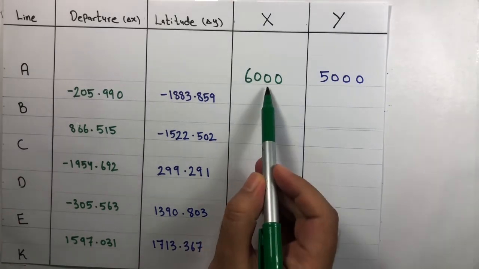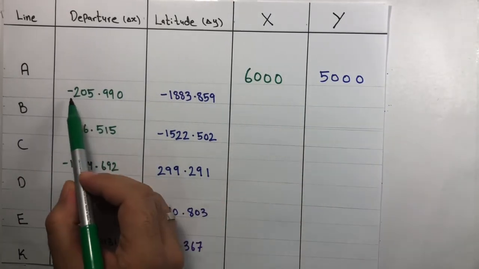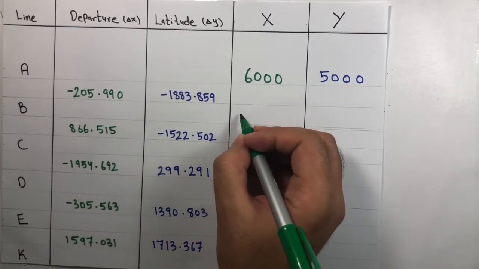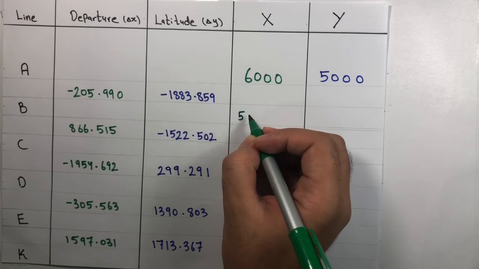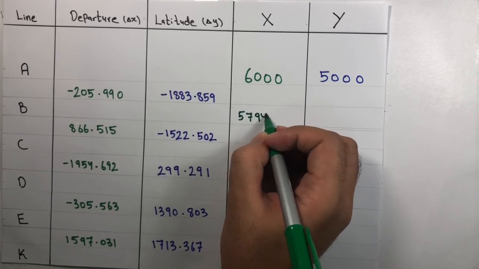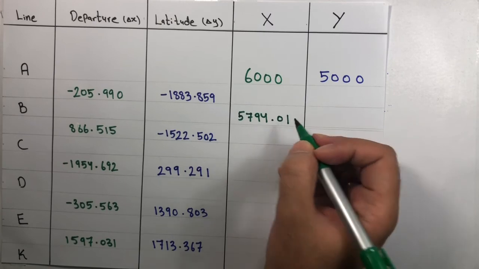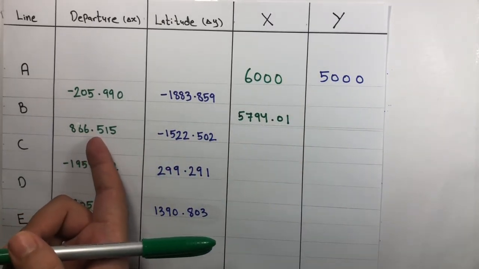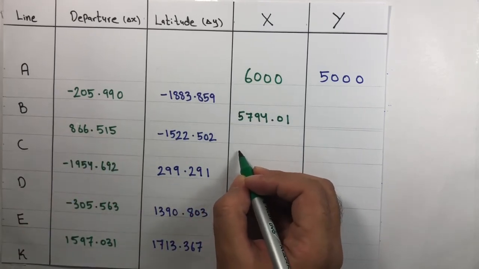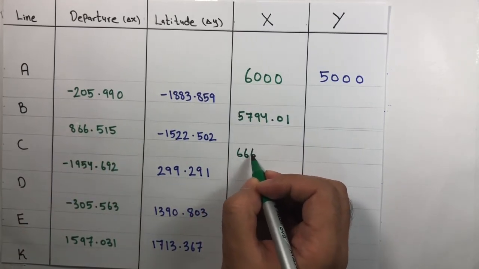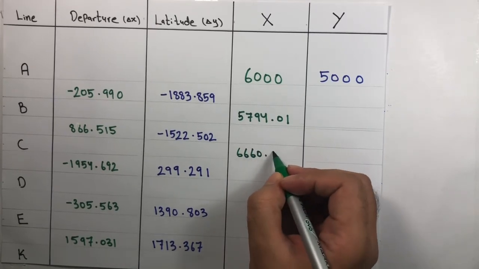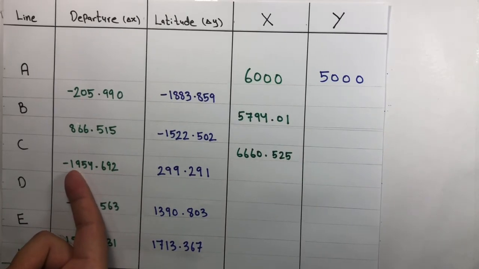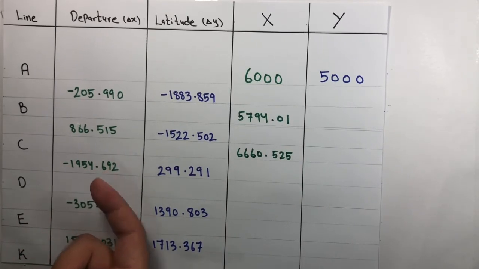So here we'll say 6,000 meters minus 205.99. We'll get 5,794.01 plus 866.515. We'll get 6,660.525. Again, minus 1,954.692.